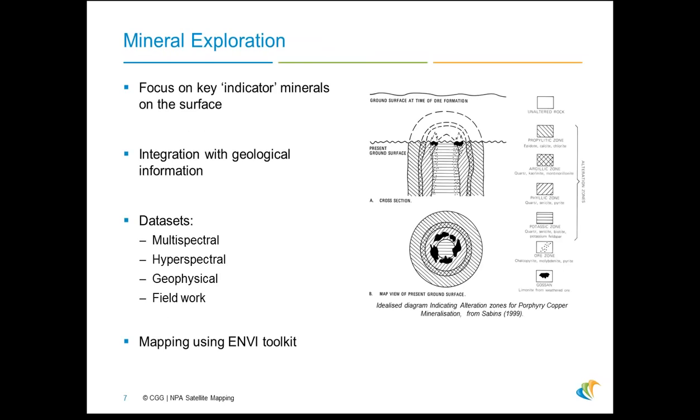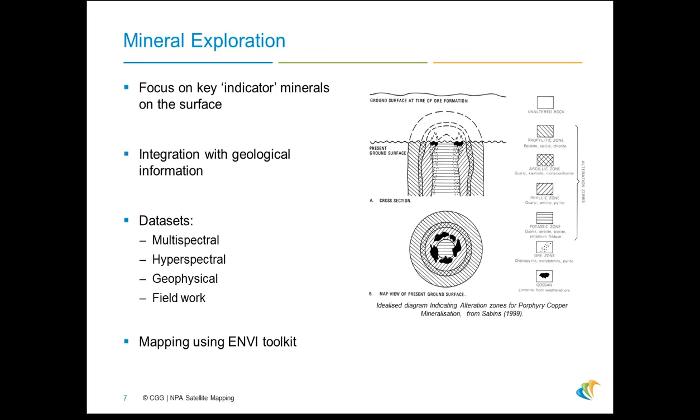It is important to note that while spectral mapping can be used for geological applications, you're not detecting the ore body directly. There is no ground penetration from the satellite, as they are only measuring reflectance of what we see on the surface. And there is often no distinctive signature of the ore body itself.